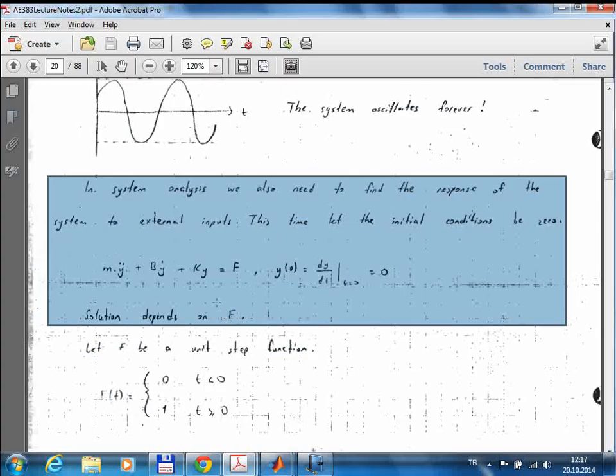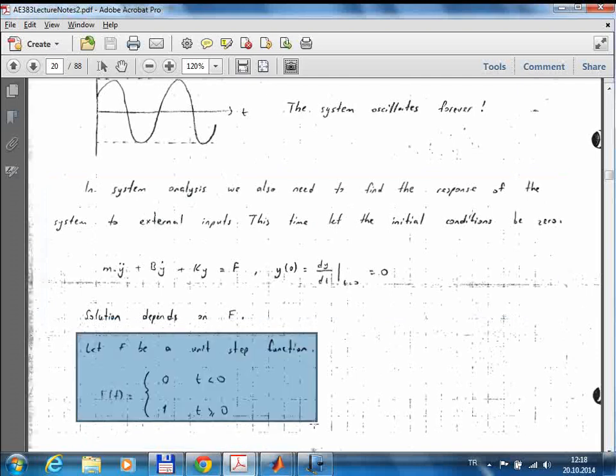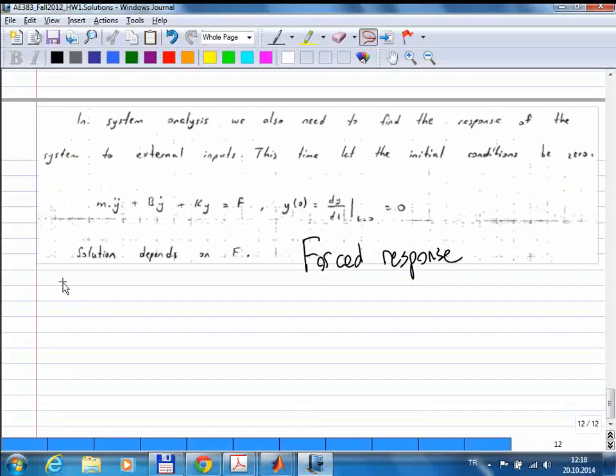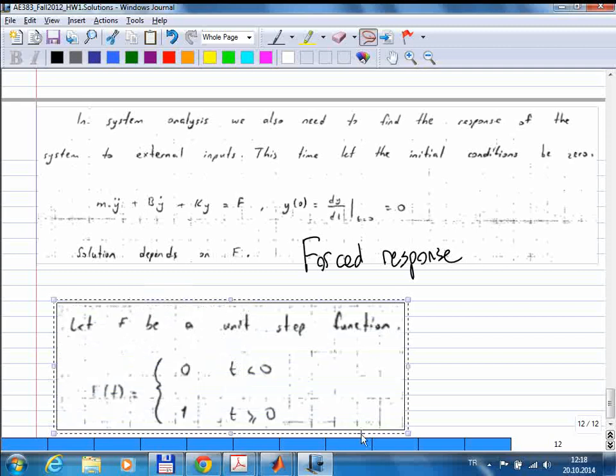So what we can do is start with some simple inputs instead of randomly or arbitrarily changing inputs. Let's consider a step function. Okay, so let me insert an explanation here.